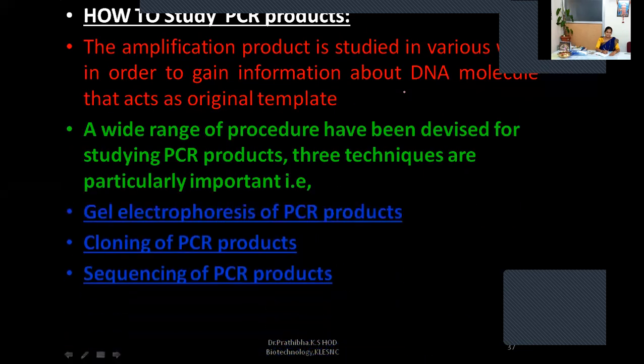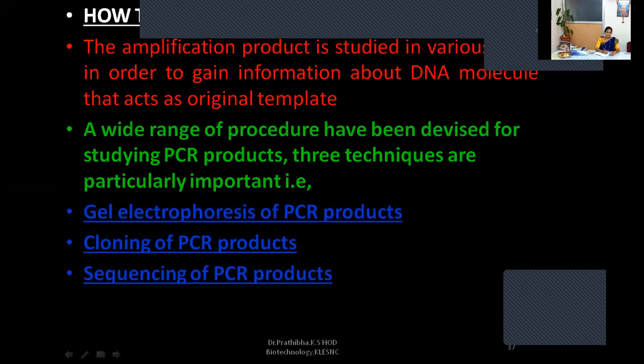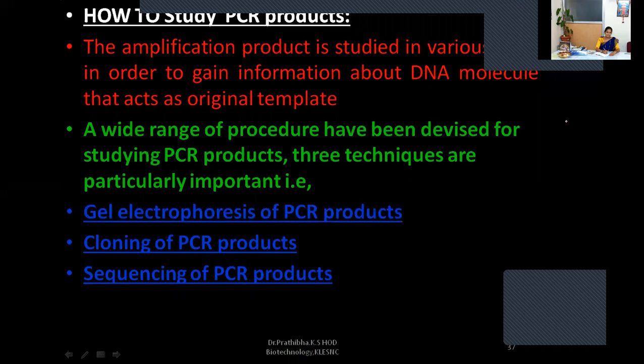Then how to study PCR product? To study these PCR products, we can apply various methods. There are so many ways to gain information about the DNA molecule that acts as the original template. A wide range of procedures have been devised for studying PCR products, of which three techniques are particularly important. That is gel electrophoresis of PCR products.